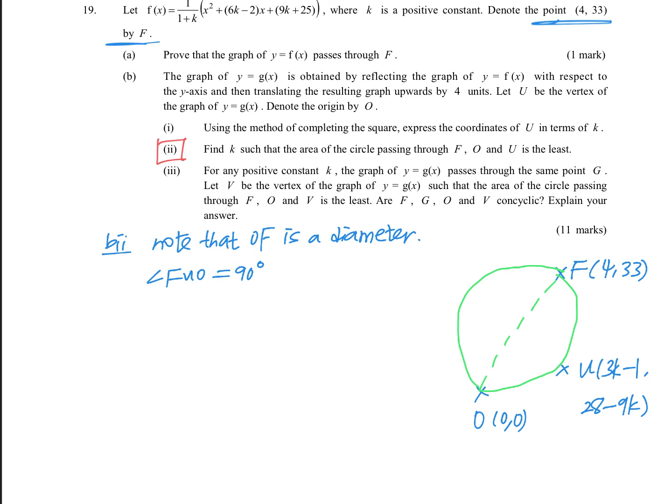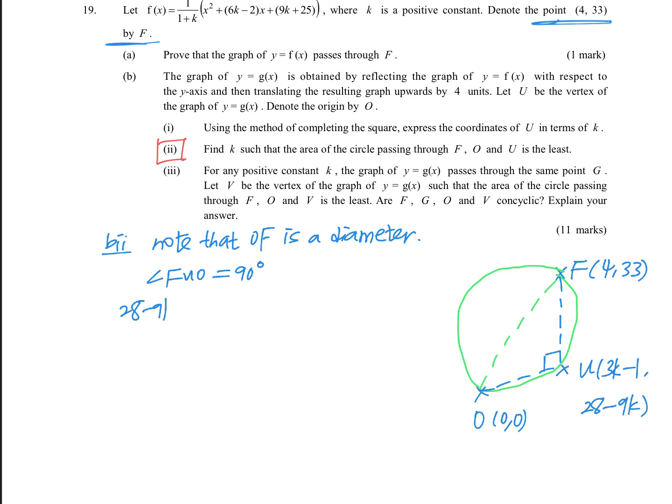So that will be like this. Oh, great. And then after that, of course, we try to make use of the slope. The product of the two line segment slopes will be equal to -1. So we just try to proceed.